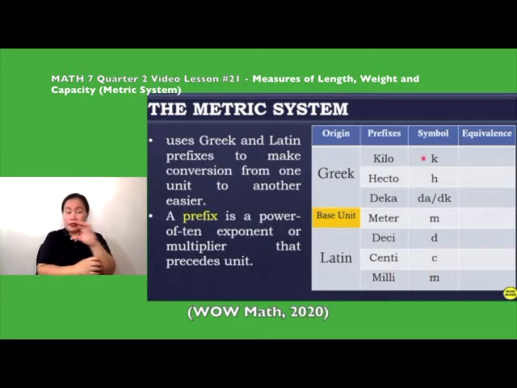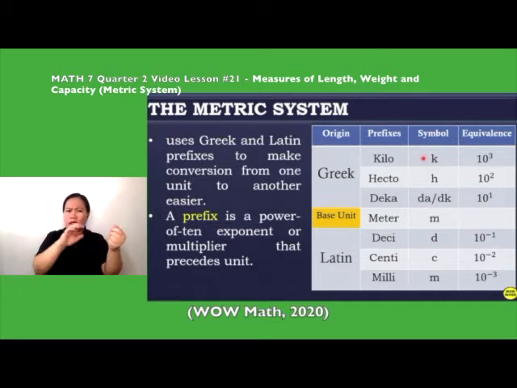So, ano itong tinatawag na power of 10? So, actually, kilo is actually 1,000 meters. Bakit 1,000? Paano siya naging 1,000? Kasi when we are converting a bigger unit to a smaller one, we are multiplying. So, ibig sabihin, 1 times 1,000, that is 1,000 meter.